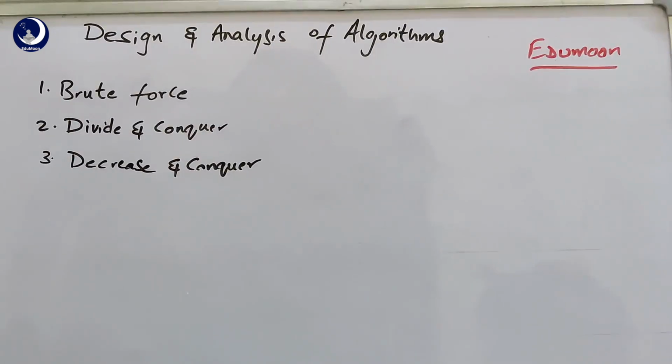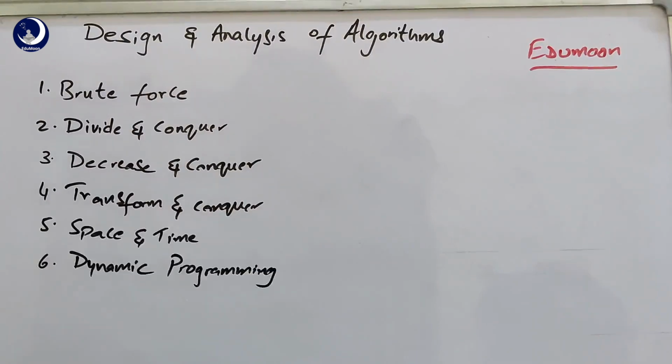The next one is transform and conquer. According to the syllabus for the current BTech students, there are many chapters for the examination. Those are space and time trade-off, and the last one is dynamic programming. This is what we study according to the syllabus for the second year and third year students for the upcoming examinations. So today we discuss the first technique, that is the brute force technique.